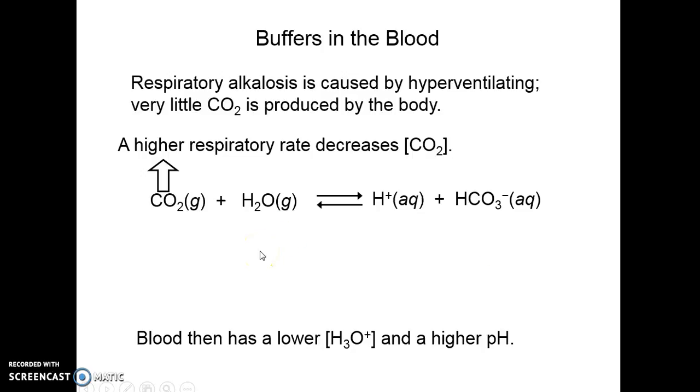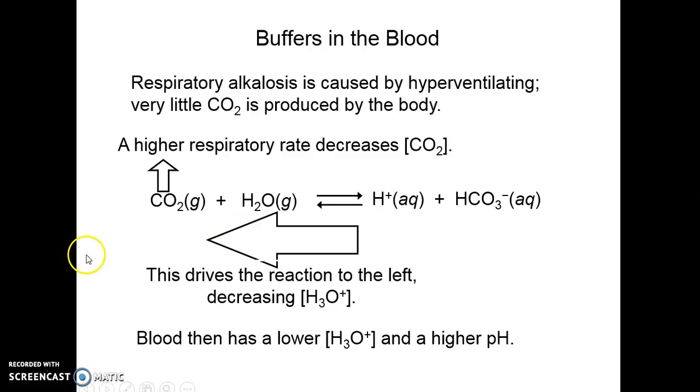If you have respiratory alkalosis, what's happening there is you are putting out too much carbon dioxide. If you hyperventilate, you expel too much carbon dioxide, and so what happens? You're going to have a shift in this reaction to the left.